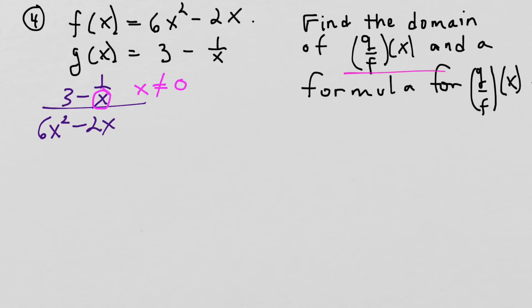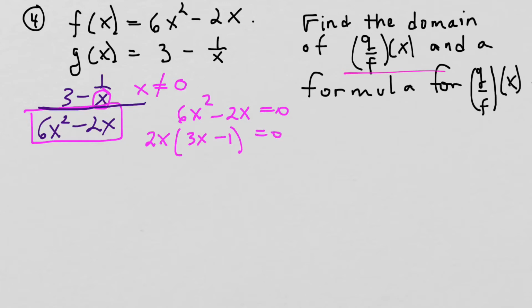All right, so then we have the issue of this part of the entire fraction could be 0, and if that happens, you have to remove that x value that causes the 0. So that means that 6x squared minus 2x, wherever that goes to 0, we want to remove the x's that cause that. So you want to factor that first. Take out your GCF.